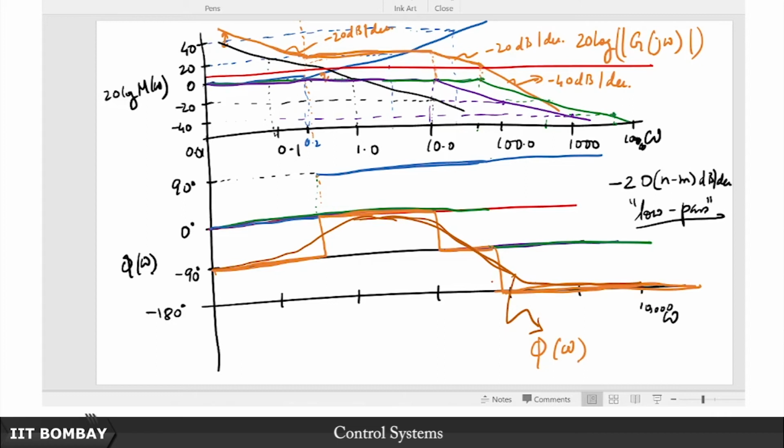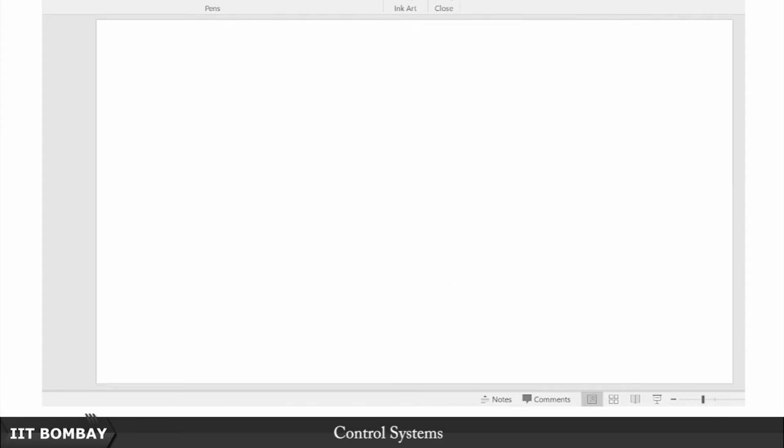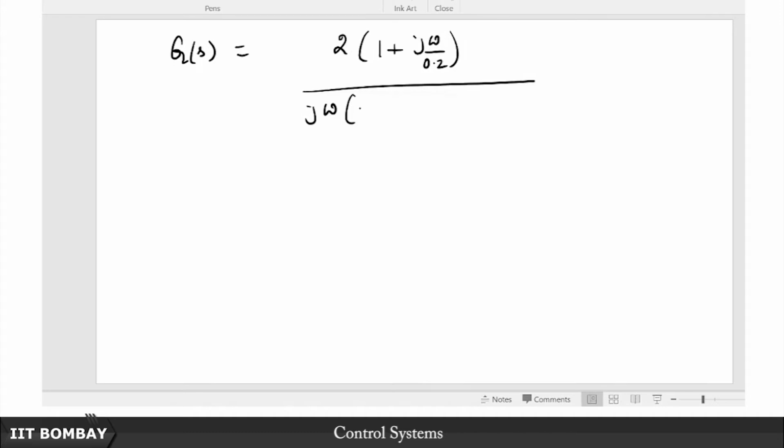So now that we have gone about it in the long winded fashion, let me try and do the same thing more quickly. And this is exactly the technique that experienced people would use. Now that we have convinced ourselves about the correctness of this plot, when encountered with a transfer function like this, we will not bother with all those nitty-gritties.